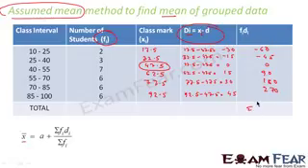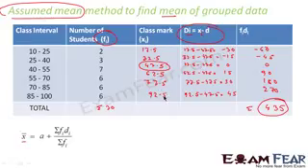Now if you add these values for the summation of fi di, you get 435. This value also is not that big. Earlier it was more than 1000. And here the summation of fi is 30 only, the number of students. So what advantage did we get here? The calculation is a little simpler.